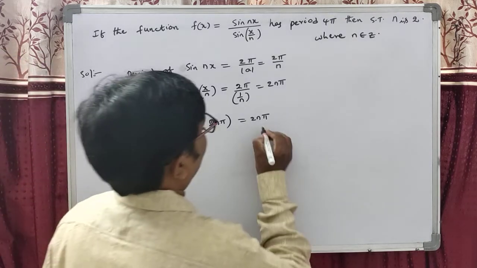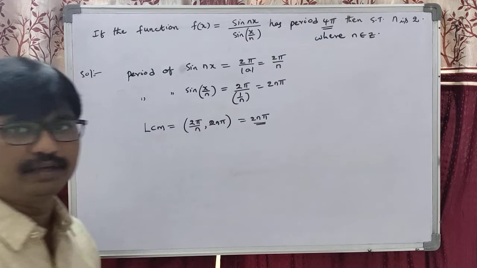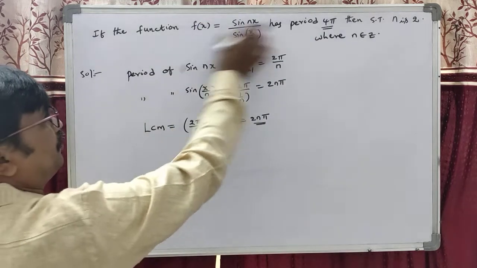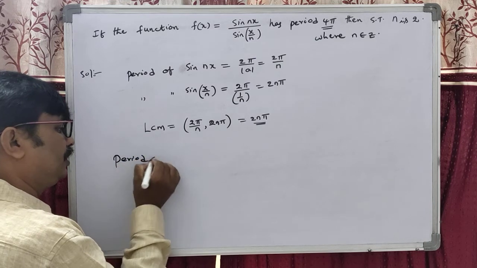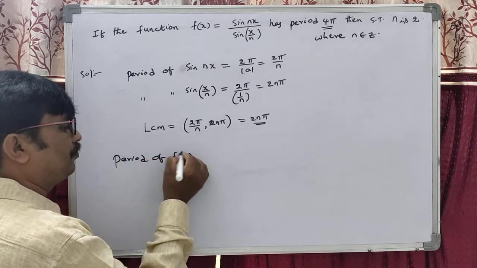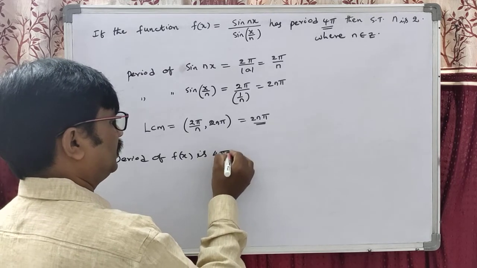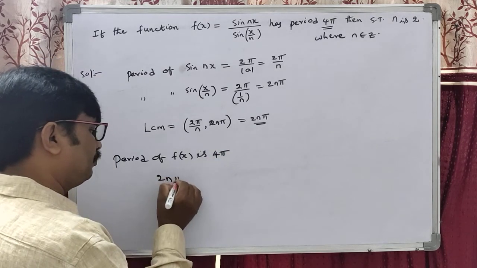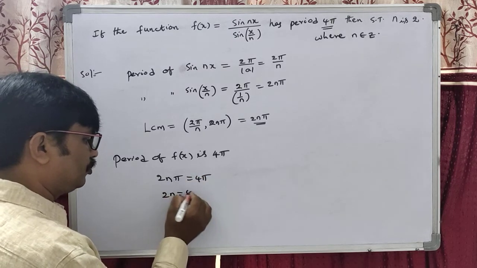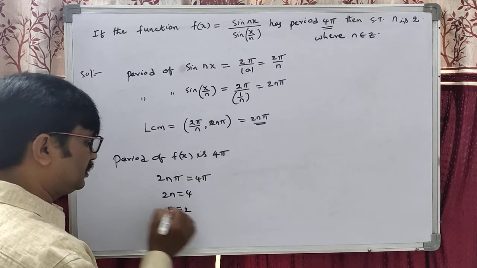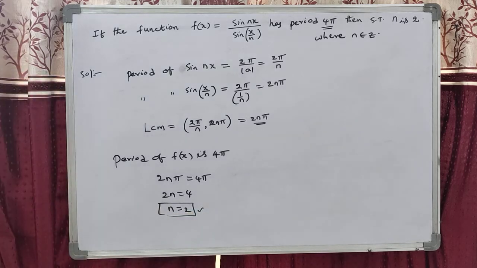So now 2n pi is equal to 4 pi, since it is given that the period of f of x is 4 pi. So 2n equals 4, and the value of n is 2. Okay students.